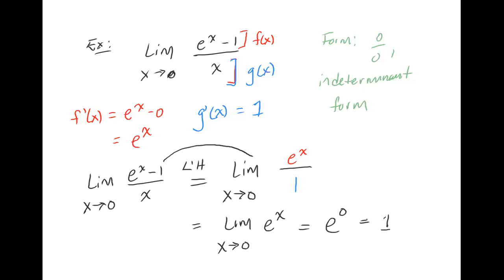So yes, I most certainly can apply that limit. By L'Hopital's rule, the limit as x approaches 0 of e to the x minus 1 over x is equal to 1. I could not figure out that limit from this particular function, but because I applied that rule, I was able to calculate the limit.